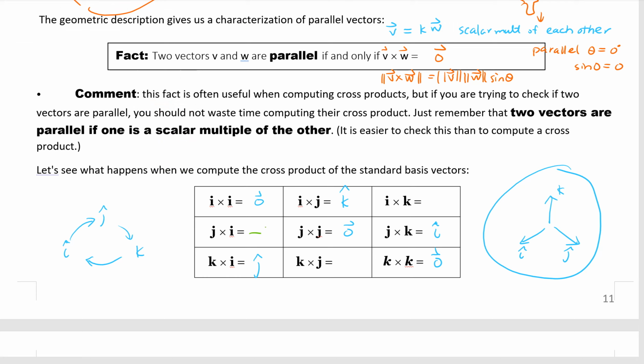So this is minus k. And k cross j will give us minus i, and i cross k will give us minus j. So far, so good, everybody?